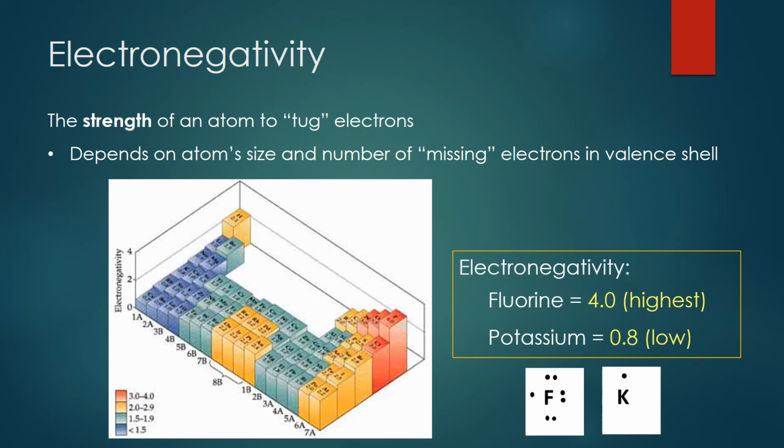And that is true. Fluorine has the highest electronegativity of any natural atoms. And when I say natural atoms, I mean atoms observed in nature. And potassium has a relatively low electronegativity value. And so what would happen in this interaction is that electron would be stolen away from potassium by fluorine.